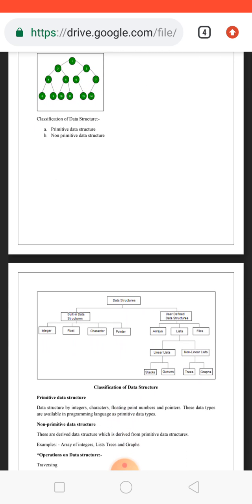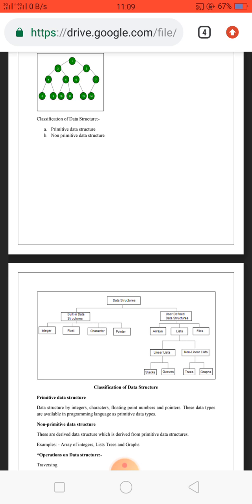Then classification of a data structure, a 2 marks question. First is built-in data structure, then user-defined data structure. Built-in data structures are actually data types: integer, float, character, and pointer.